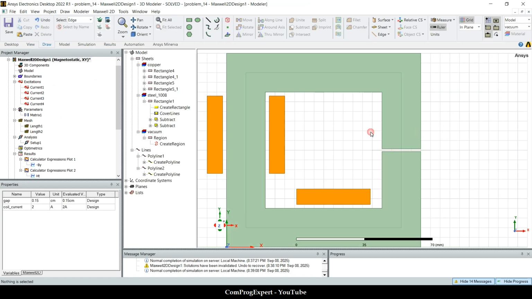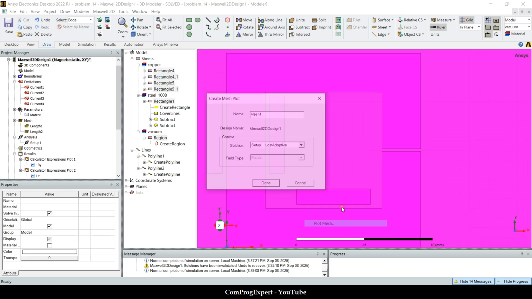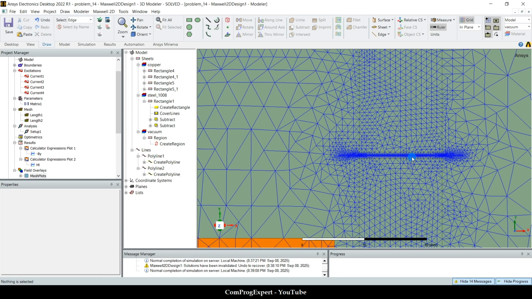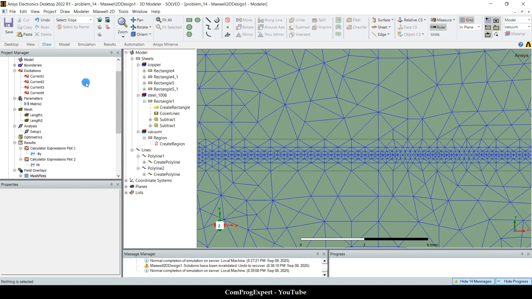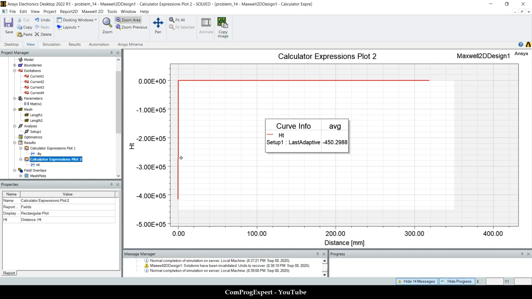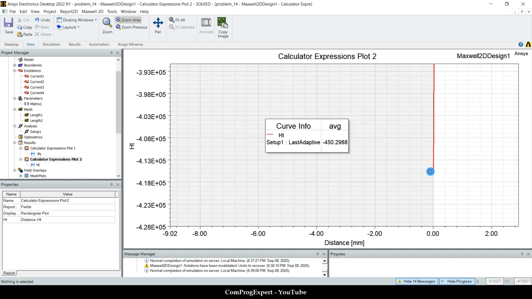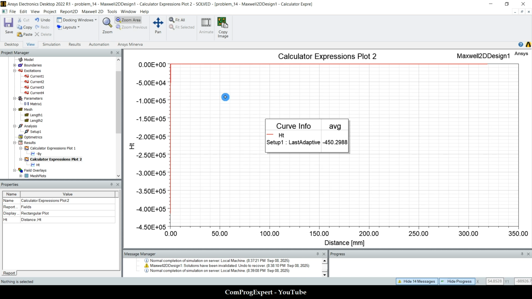Let me select all objects and plot the mesh. So you can see the solution mesh close to the air gap. We know that the value of h close to the air gap is high. So here this big number is interpolated. So we can remove this point.